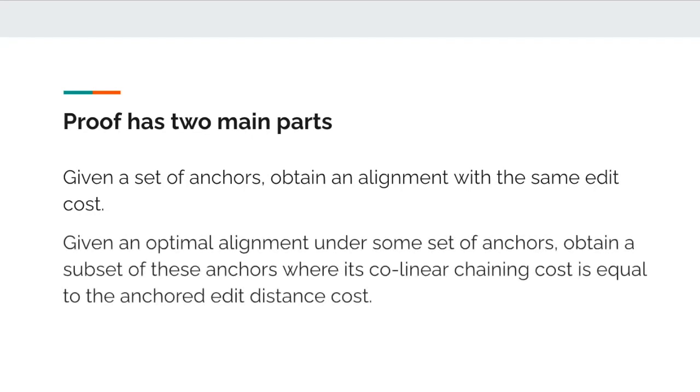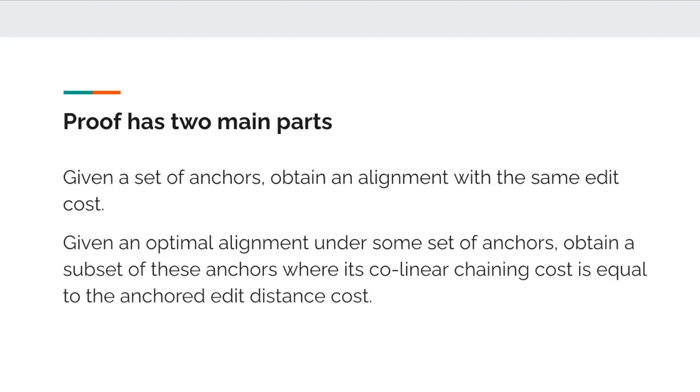In this other direction, we start with an optimal alignment under some set of anchors and have to come up with a subset of these anchors. This subset should have the property that its collinear chaining cost is equal to the anchored edit cost that we started with. To do this requires a number of steps, including eliminating extra or nested anchors until we obtain an ordered subset.